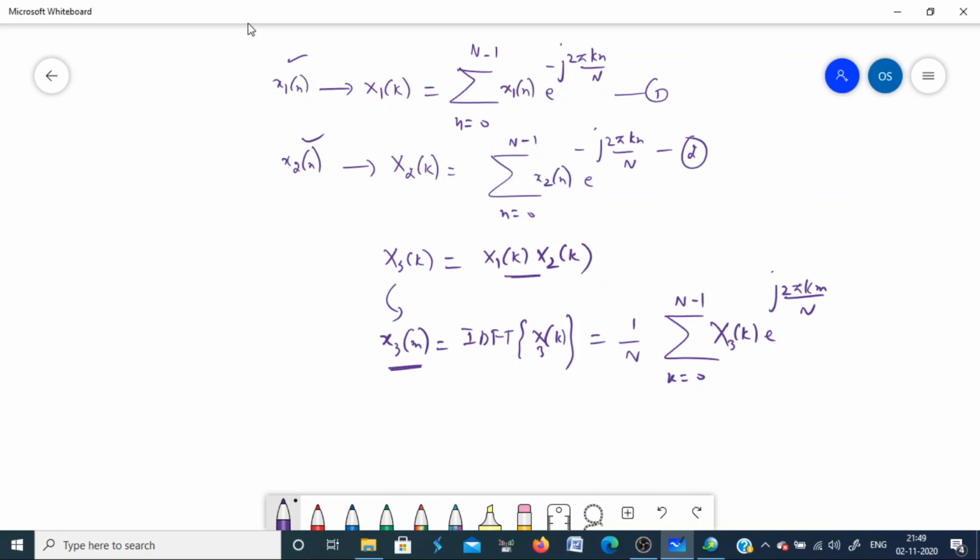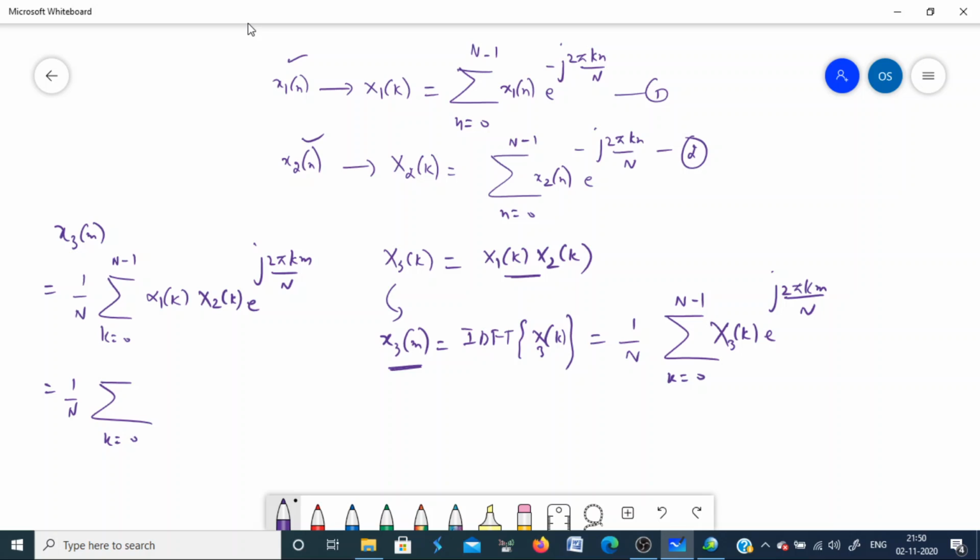If you expand this equation, x3(m) is equal to 1 by N summation of k from 0 to N minus 1, where X3(k) is now nothing but X1(k) into X2(k), times e raised to power j 2 pi k m by N. We can further simplify it.